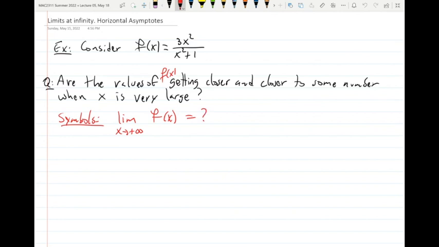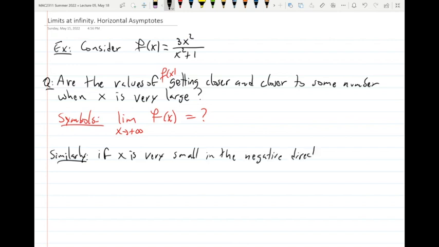And if I want to know what happens when x is very small in the negative direction, in other words, if it goes all the way to the left, similarly, if x is very small in the negative direction, really what I'm asking is what happens when we are all the way to the left on the x-axis.